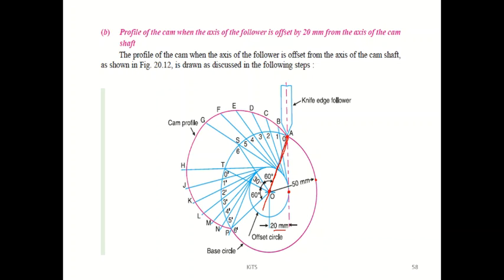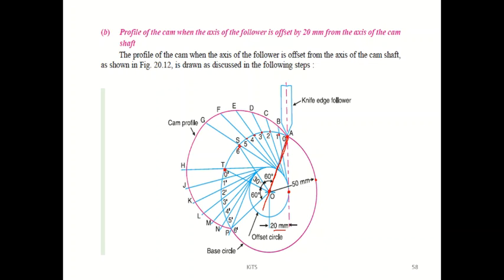10 degree, 20 degree, 30 degree, 40 degree, 50 degree, 60 degree. After that, one more 30 degree. From this point, after 6, you have to take 30 degree.